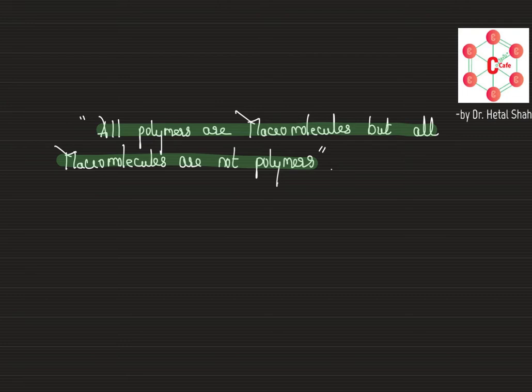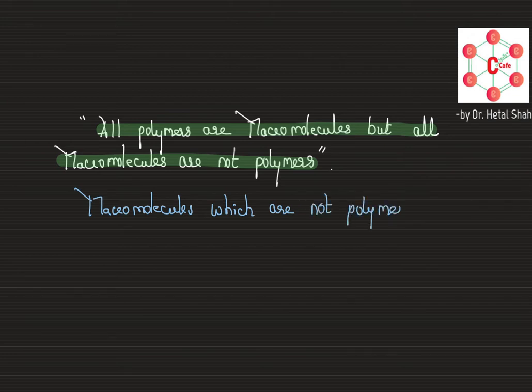And I give you some examples. So I say macromolecules which are not polymers. I'll give you these examples. One is lipid. A lipid is a macromolecule, but it would not be a polymer.